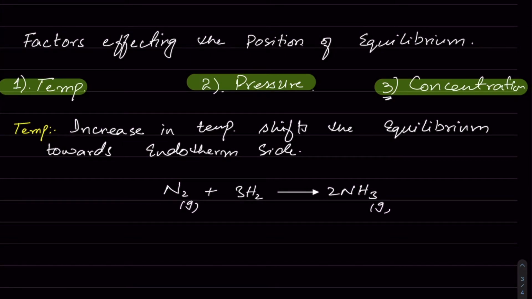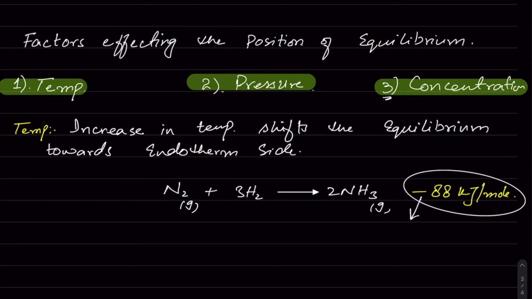For the forward reaction, this is minus 88 kilojoule per mole. This negative sign indicates the forward reaction is exothermic, and this is the enthalpy change for the forward reaction.